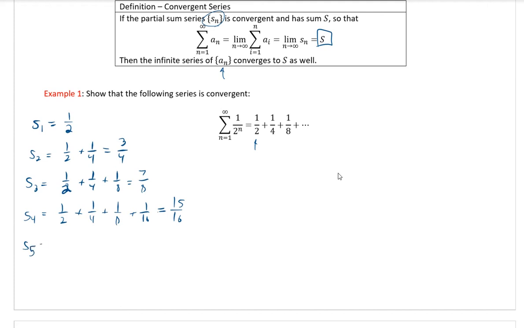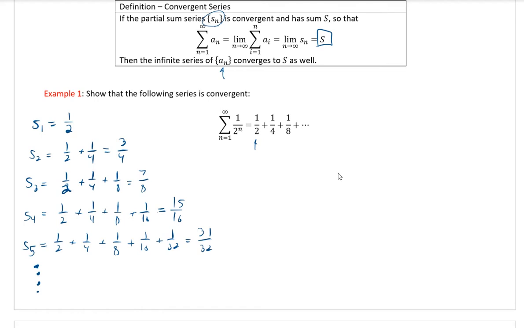And then if I add the first five values, 1/2, 1/4, 1/8, 1/16, and 1/32, that'll give me 16/32, 8/32, 4/32, 2/32, and 1/32. So 16 plus 8 plus 4 plus 2 plus 1 should give me 31 over 32. And I can continue on with this trend.